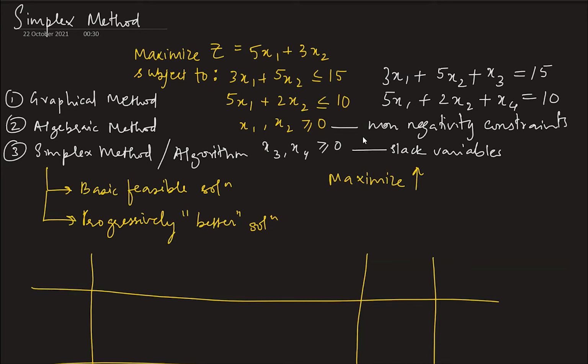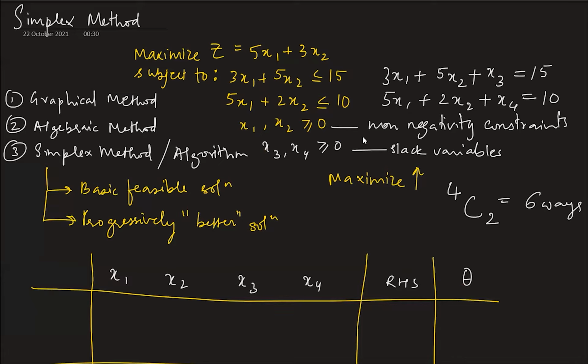And so in the tableau, what we make is like so: x1, x2, x3, x4. We have the RHS, and then we have something called theta. Now, here we have four variables, two constraints. So we can solve these equations in 6 ways.